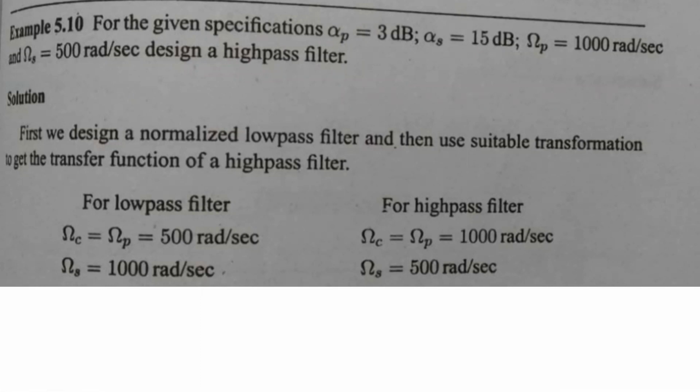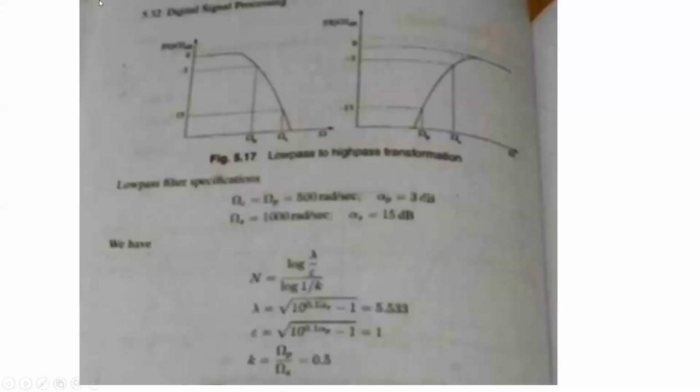So in this case, we have to get a reverse transformation characteristic of the desired high pass filter. This will be our desired high pass filter with a 3 dB cutoff at omega p, and a 15 dB cutoff at omega s. So we have to just make a reverse characteristic of that.